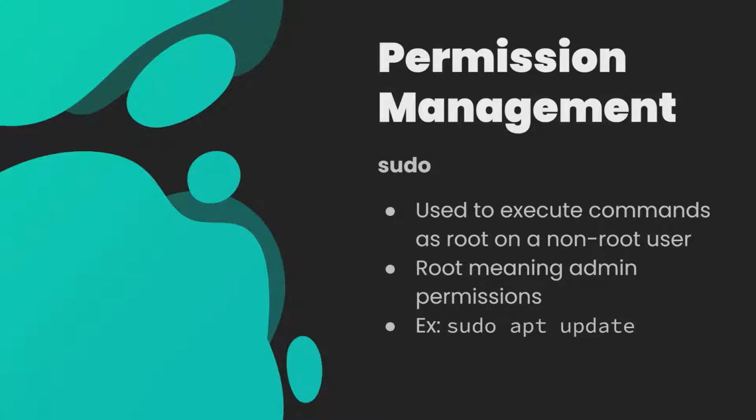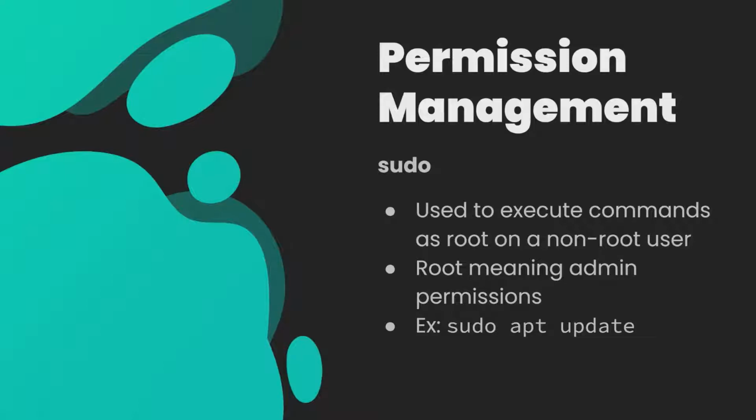Okay. So permissions management. One of the commands that you'll probably be using pretty often is the sudo command. That basically allows you to execute commands as root, but on a non-root user. Root is analogous to administrator on Windows, which you probably are more familiar with.